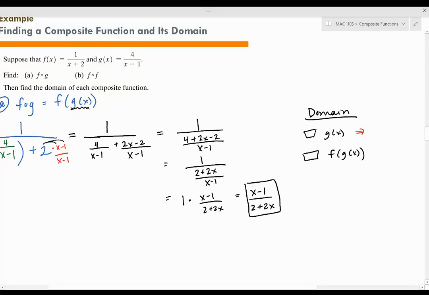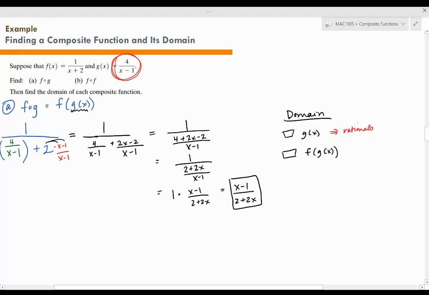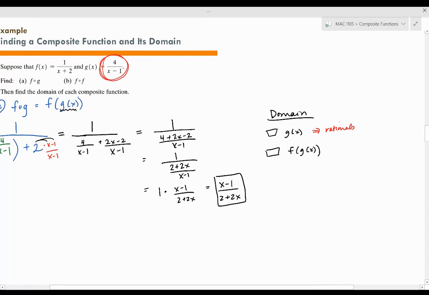All right, so let's see if we can pull out some important information about these functions. If we look at g of x, g of x is this function here that they originally gave us. It looks like a fraction. We know that functions that look like fractions are rationals. And when it comes to finding the domain of a rational, you can include any value for x that you want as long as the denominator does not equal 0. So if I go to find the domain of g of x, I would set the denominator equal to 0.